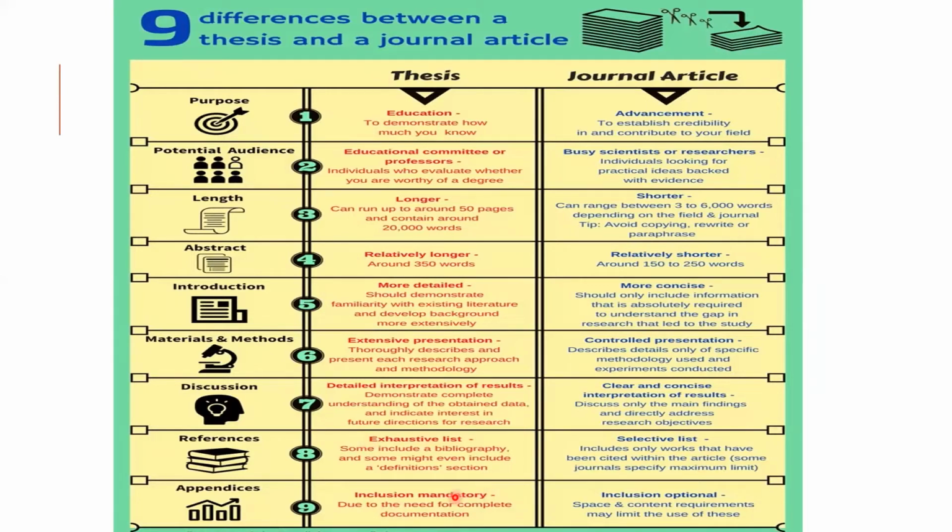Some theses in UTM have 2 to 3 to 4 appendices, but in the journal article it's also possible to include appendices, but they should be very limited, okay, not too many, and the space should be very small, not taking too much space in your work.